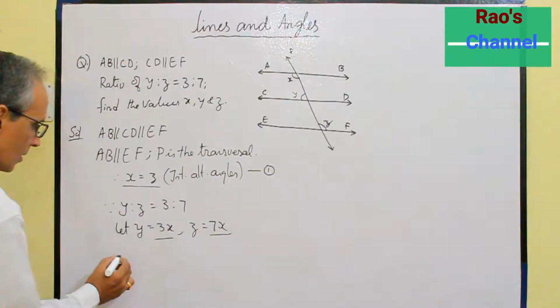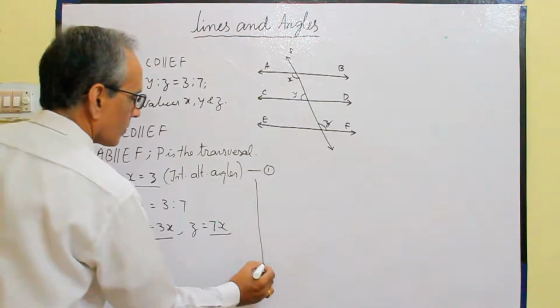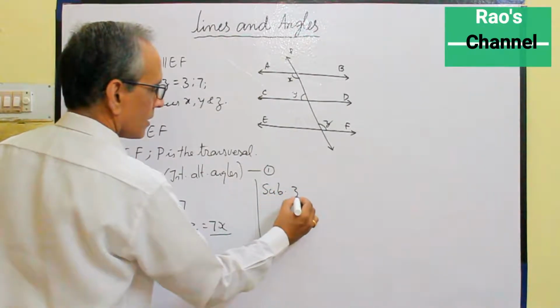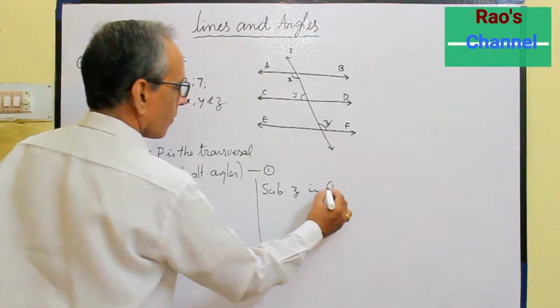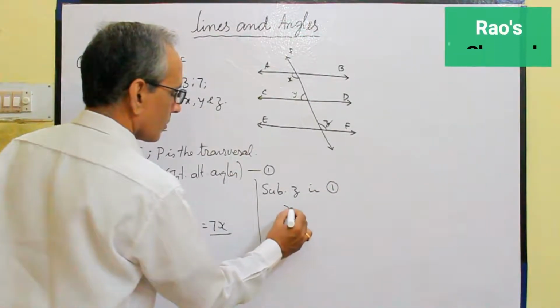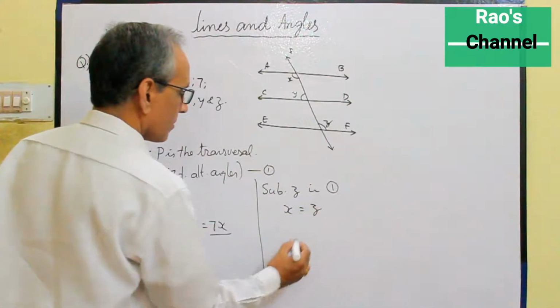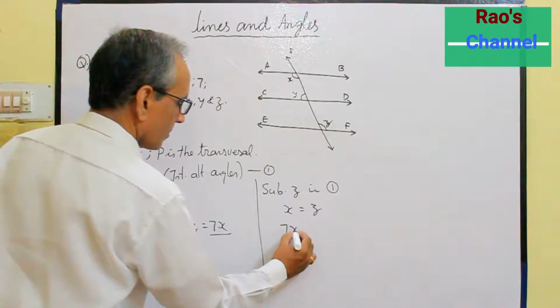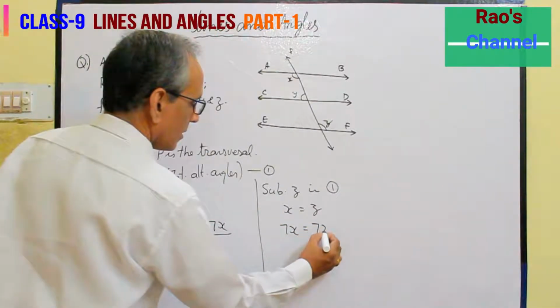Now substitute Z in 1. So X is equal to Z, that is X is also 7x and Z is also 7x.